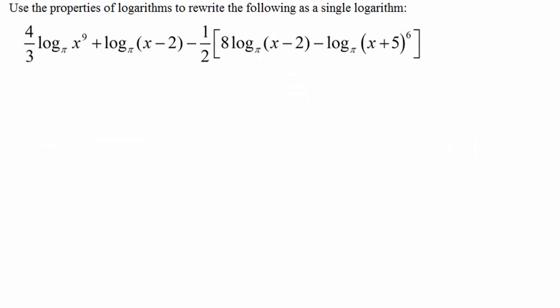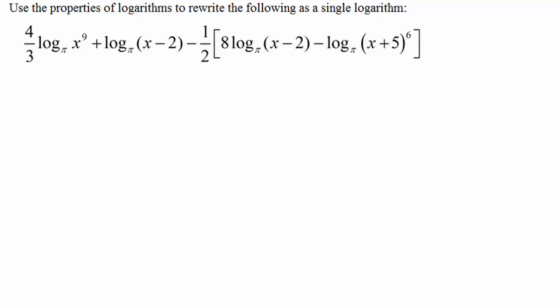Now, use the properties of logarithms to rewrite the following as a single log. We've got a pretty ugly looking mess of logarithms here. We have 4/3 log base pi of x to the 9th plus log base pi of x minus 2 minus 1/2 times the quantity 8 times log base pi of x minus 2 minus log base pi of x plus 5 to the 6th.